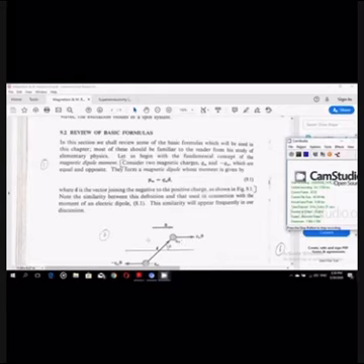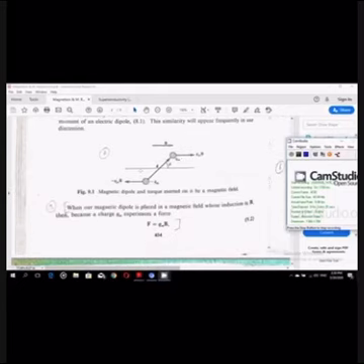Now here I have shown this magnetic dipole. You can see that if you have an externally applied magnetic field, then this magnetic moment of the magnetic dipole will interact with this external magnetic field and will generate a magnetic force on the dipole.